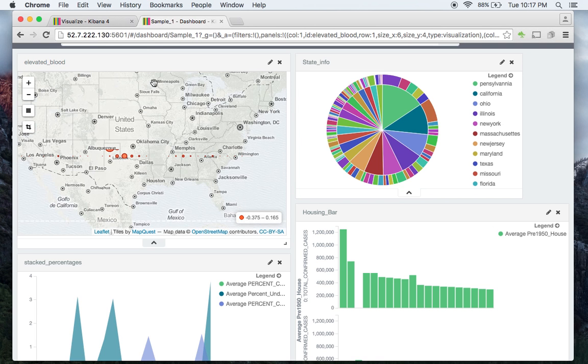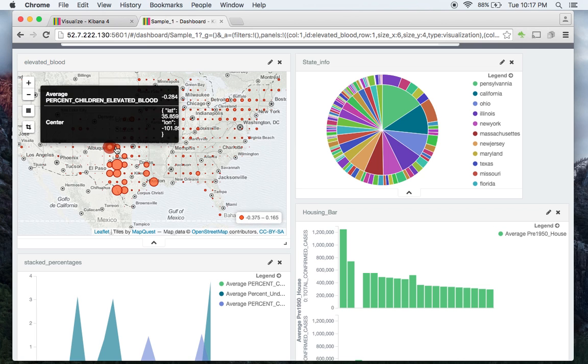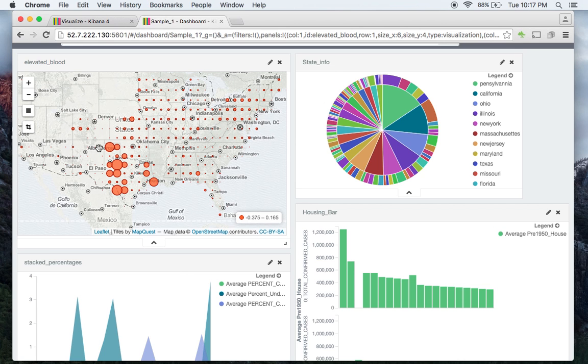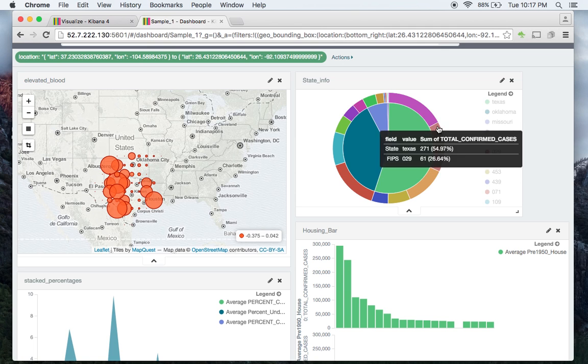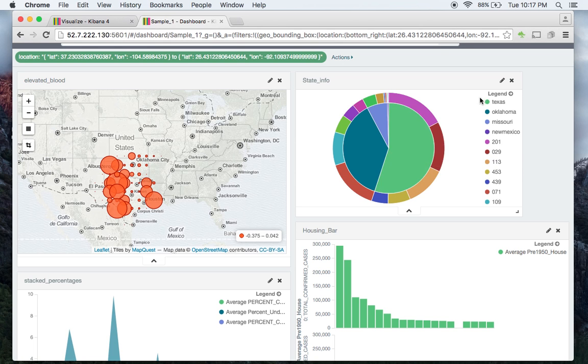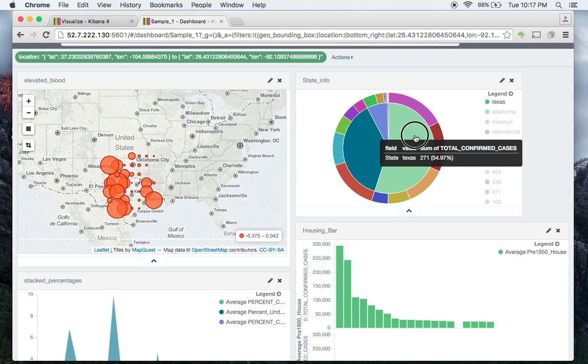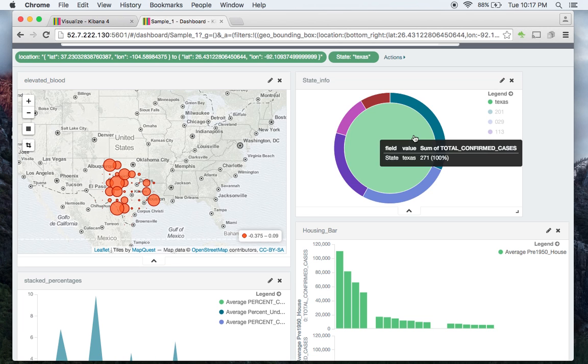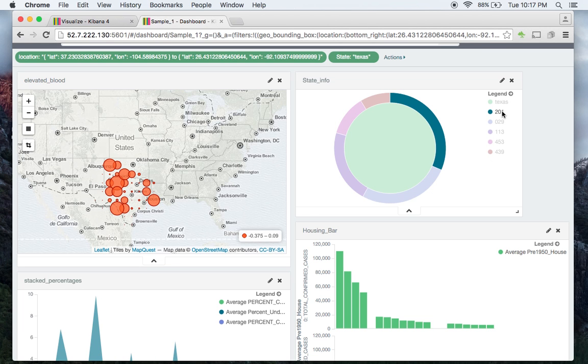From here, I can see that the state of Texas has a high percent of children with elevated blood lead level. I can drill down with this, and I can see in the state of Texas the counties. I represent the counties in this pie chart using FIPS. Since this is a prototype, I just use FIPS here.